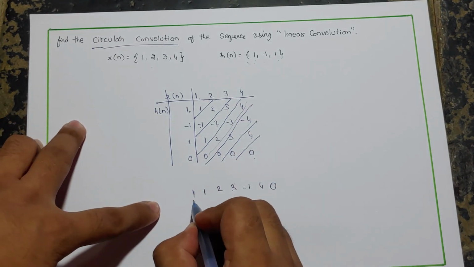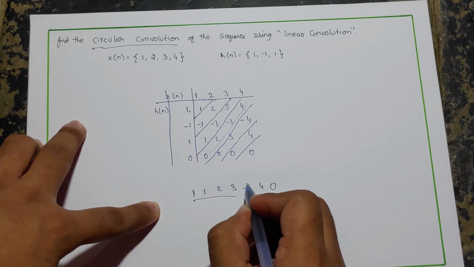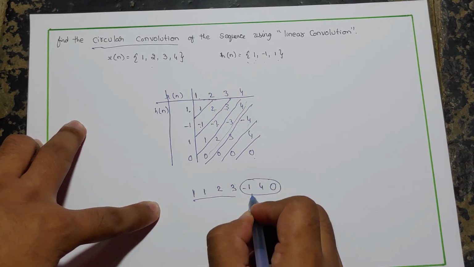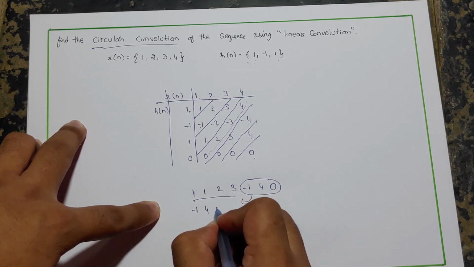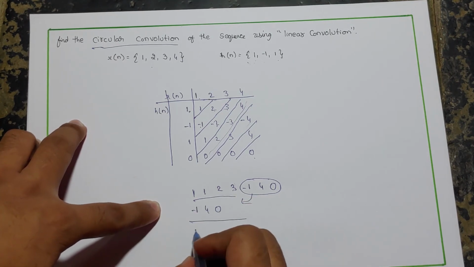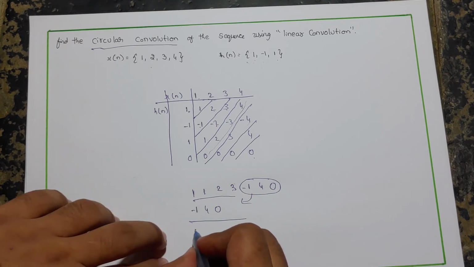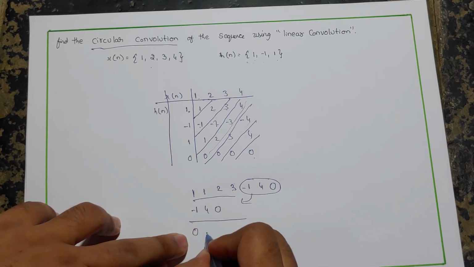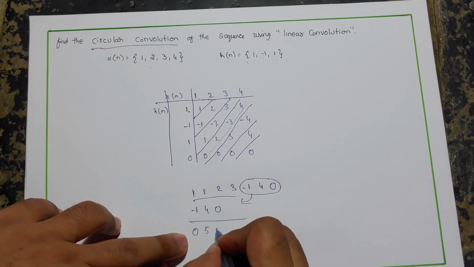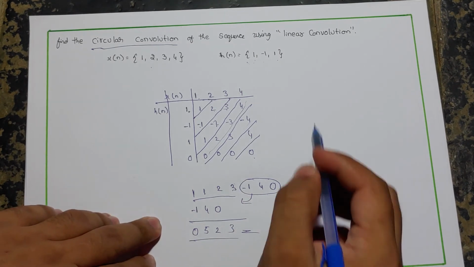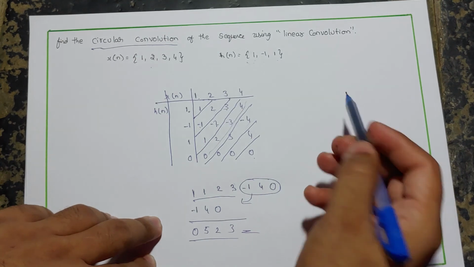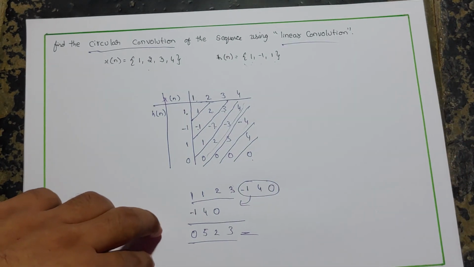So we have to keep the 4 values in the same way and we have to take these three values to the downside, that is minus 1, 4 and 0, and we have to add them. We'll end up with 0, 4 plus 1 is 5, 2 and 3. This is the circular convolution value using the linear convolution.